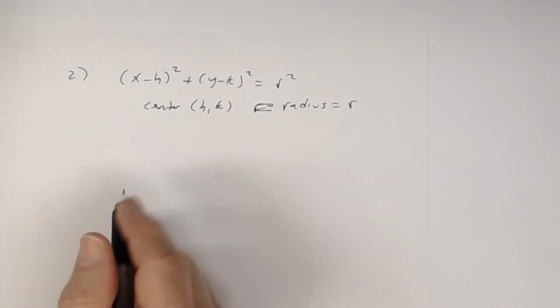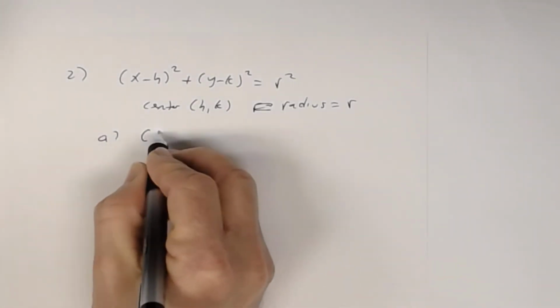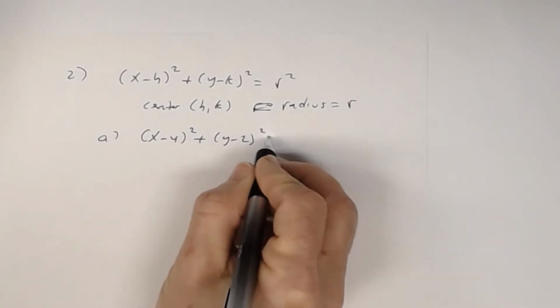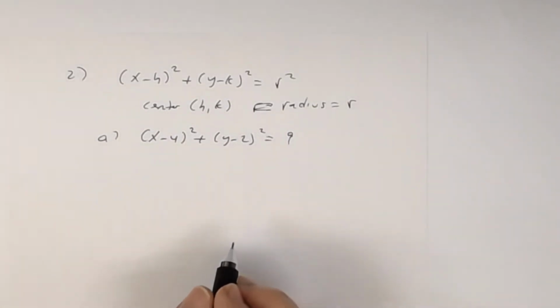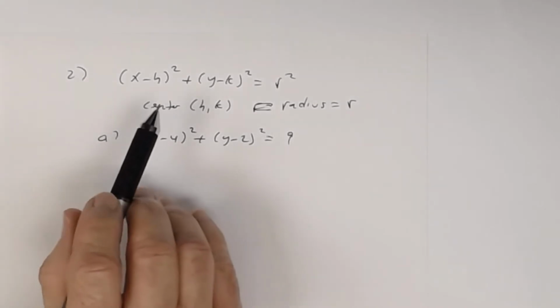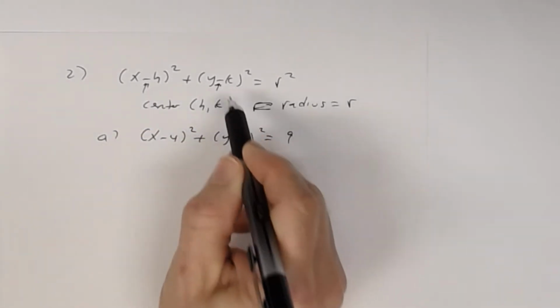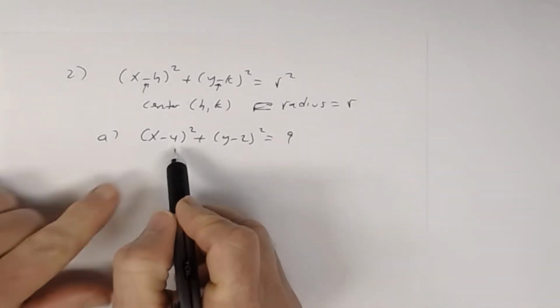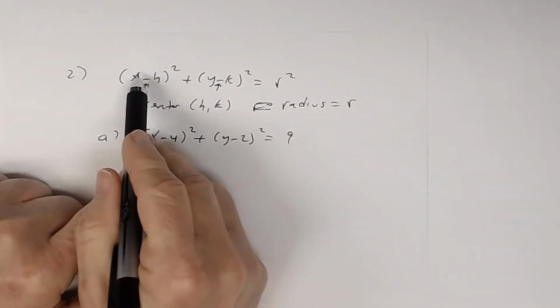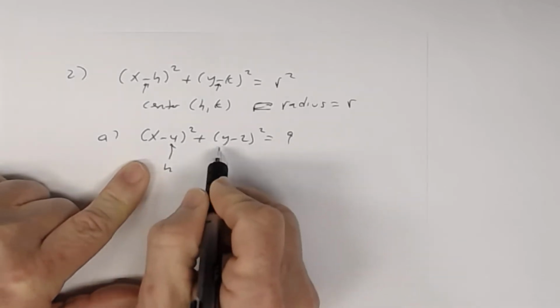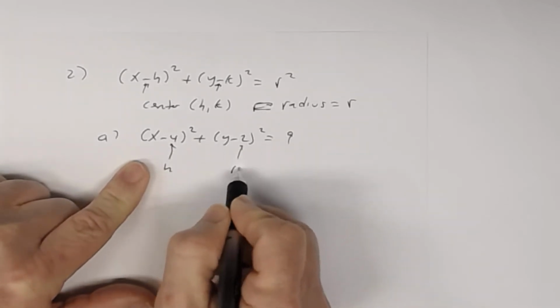So watch. So here's letter A. We have x minus 4 squared plus y minus 2 squared equals 9. Okay? Now watch how simple this is. One thing you got to remember, see how I have x minus and then y minus? That's important. So what you see here looks like this: x minus h, y minus k.